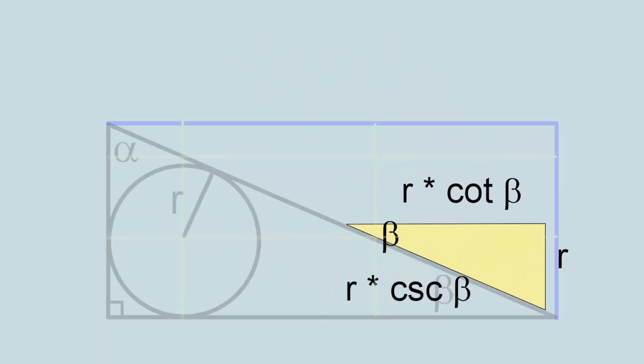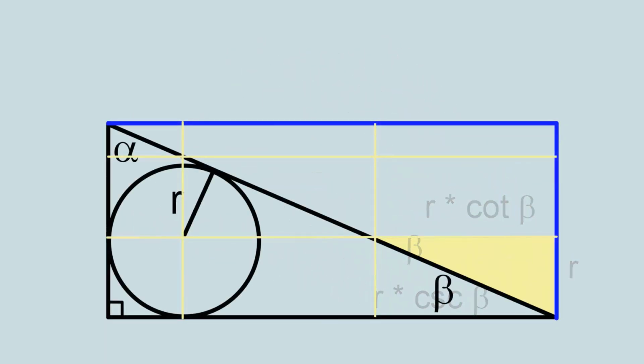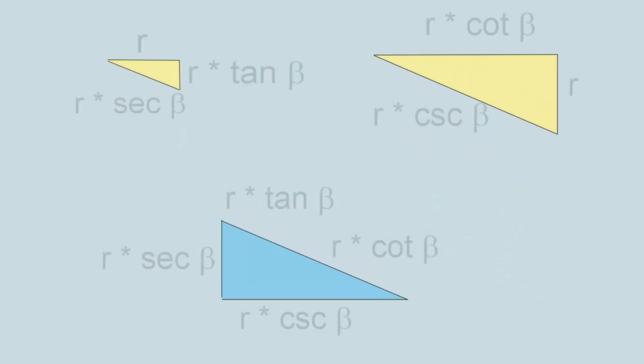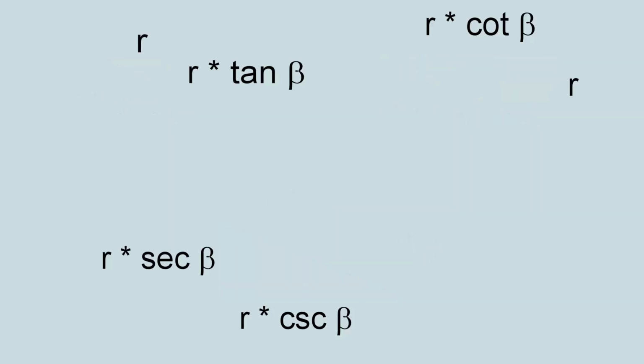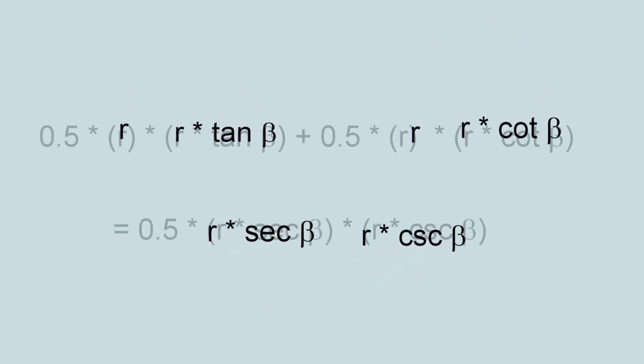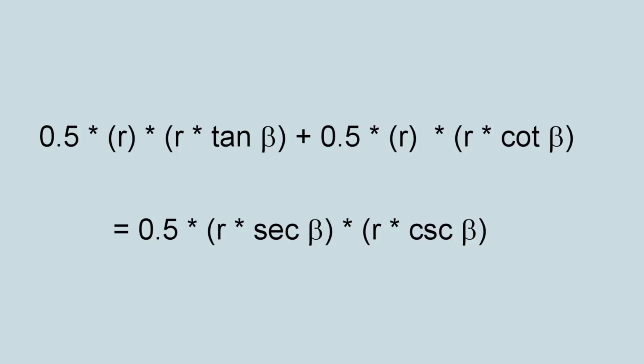So now we have each of our triangles mapped out, and what we want to do is plug those into the formula for a triangle to determine whether or not the two yellow triangles' area added together is equal to the blue triangle. So here are each of the legs of the triangles as we have determined them. Now let's remove everything that we don't need to determine the area of a triangle and take those lengths and plug them in to the formula for the area of a triangle.